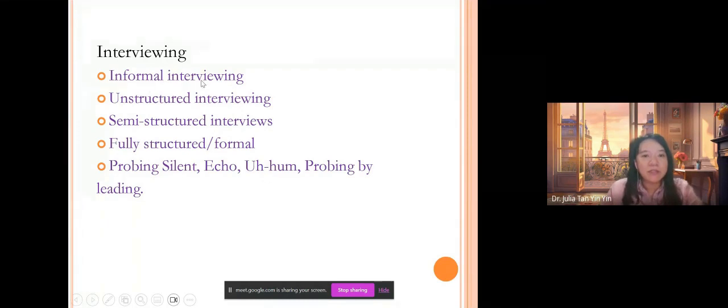there are informal interviewing, or unstructured interviewing, or semi-structured, which means you already create some questions you want to ask your interviewees. So normally we use these semi-structured interviews. It's easier, it's more systematic. You create questions first, and then they have to answer, not only yes or no, but longer answers.